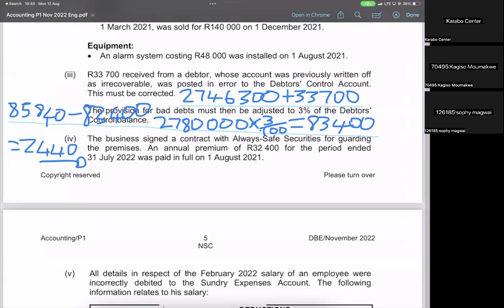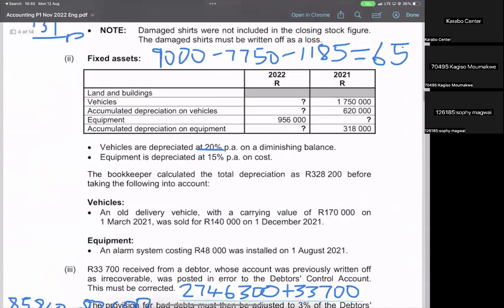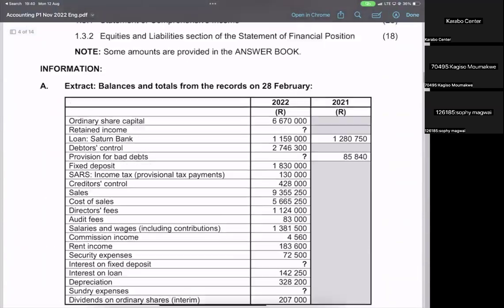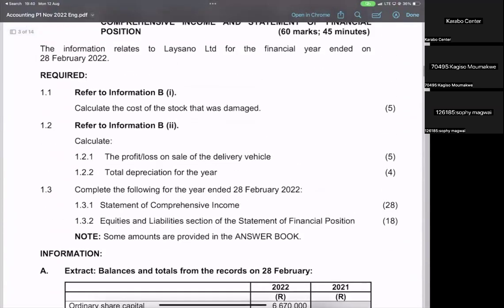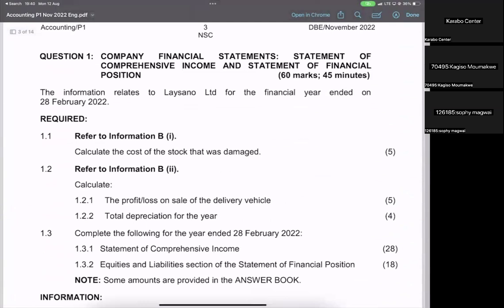So this is what you will do, guys. Your financial calendar year does not change. Your financial year is always from March to February if the end is February. If the end is June, it's from July to June. If the end is September, it's from October. You don't change it because of an adjustment.